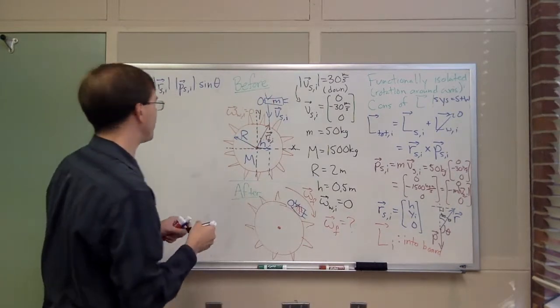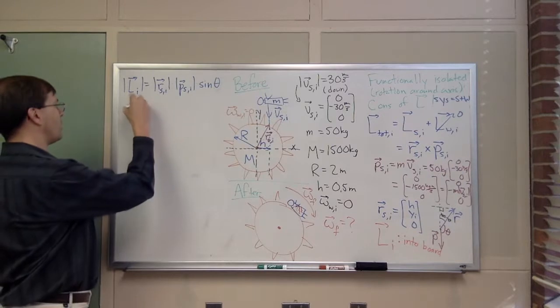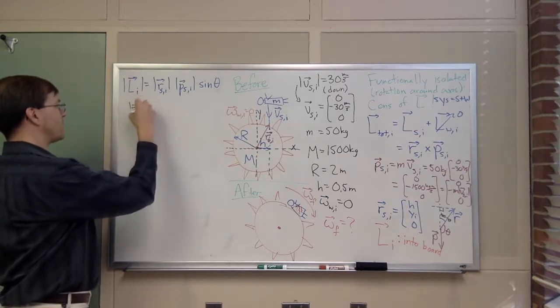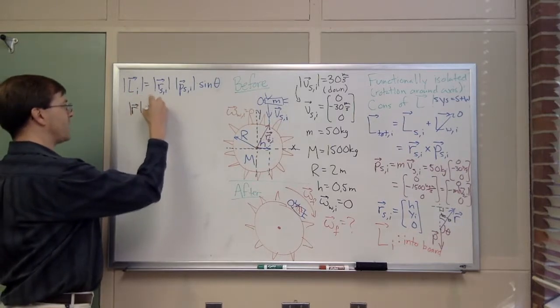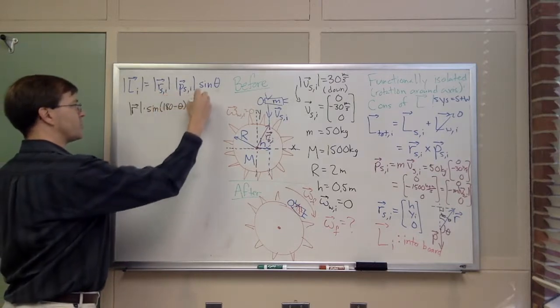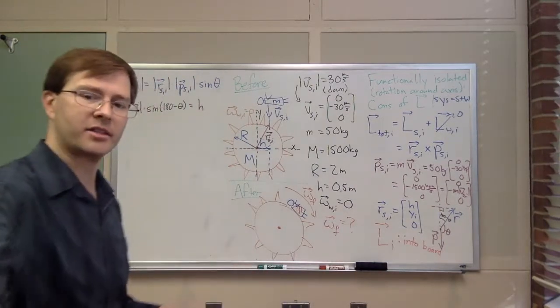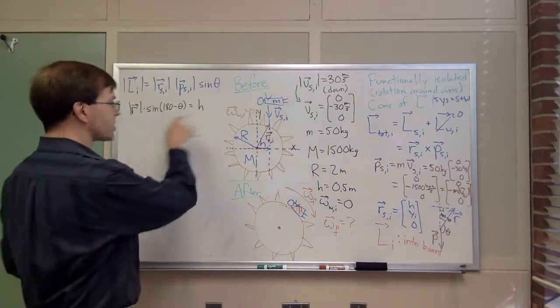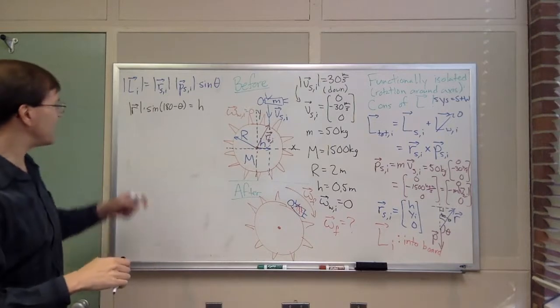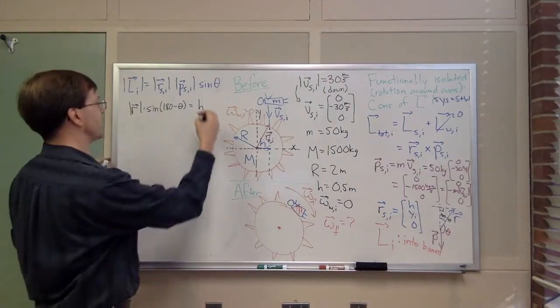From my picture, I know that the magnitude of r times the sine of 180 minus theta is equal to my horizontal distance, that half a meter. So I've got that horizontal distance going. This is a little sneaky. This is really the perpendicular distance.